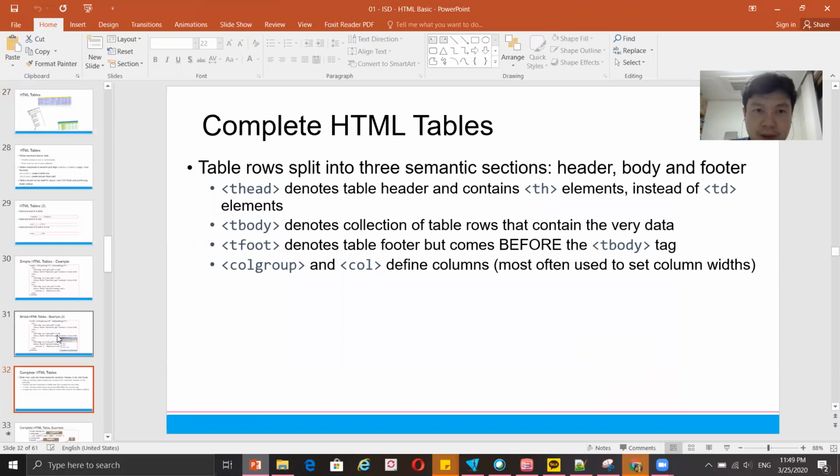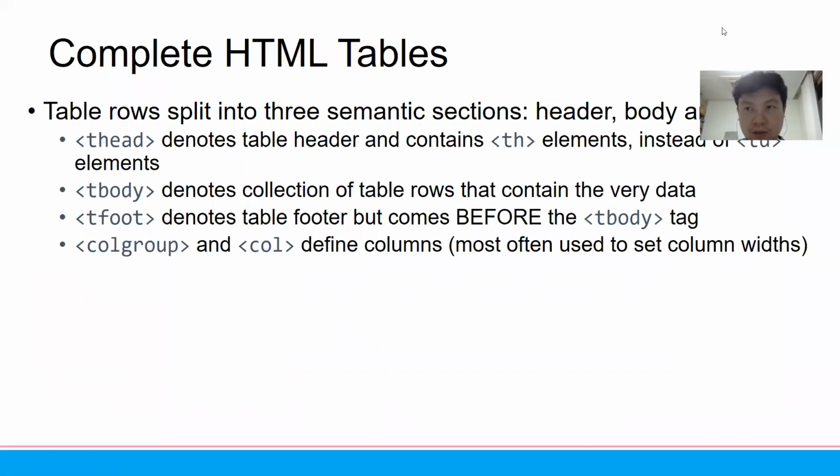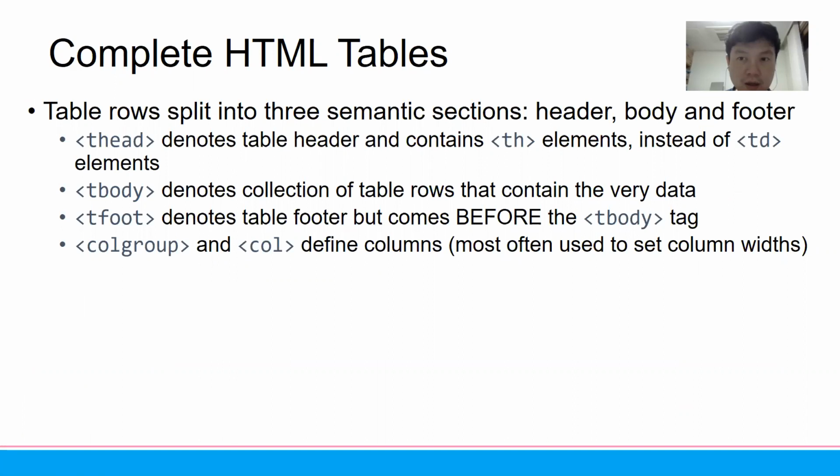The complete HTML tables actually is not only three things, not only table, tr, and td, but it also has the other tags such as thead, tbody, tfoot, colgroup, or col. Okay, so the thead means it is the table header, and there will be the th. Okay, the th is the element to explain the header instead of td. Okay?